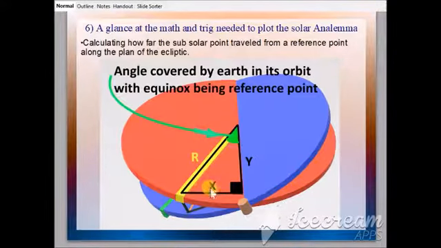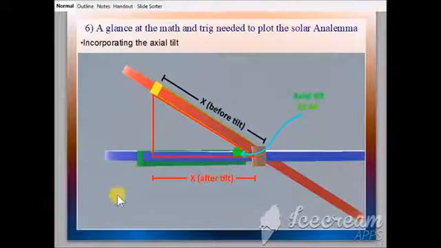Because we will project the x on the equatorial plane, like so. So this is the x, and this is the projected x, or x after the tilt. The tilt is 23.44 degrees. So now we have the hypotenuse, an angle, and this is the right angle. So we can conclude the projected x.